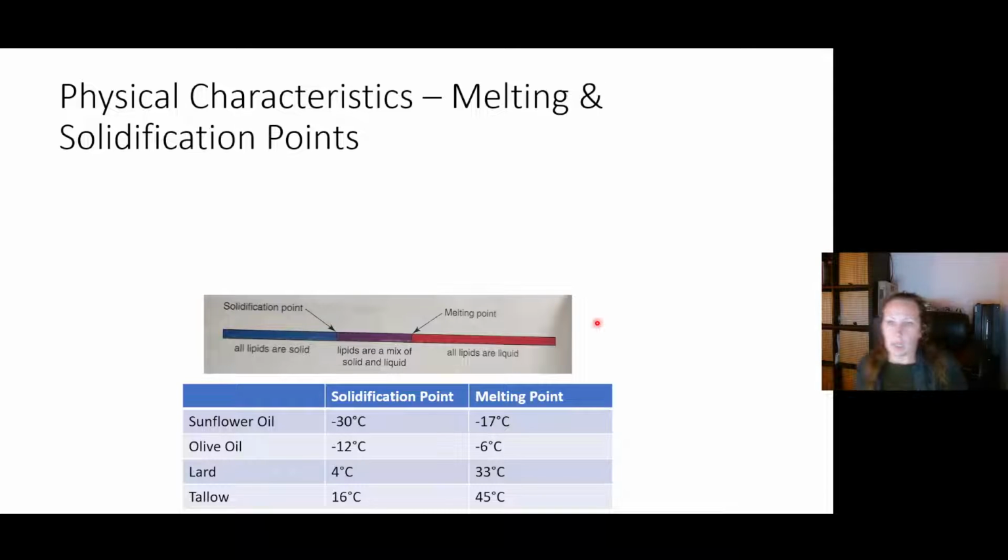The idea that I want to make sure we understand here is that a mixture of a certain set of fatty acids, which is what an oil or a fat is, has a certain melting point.